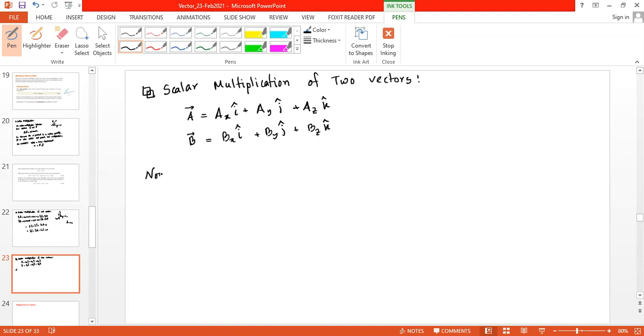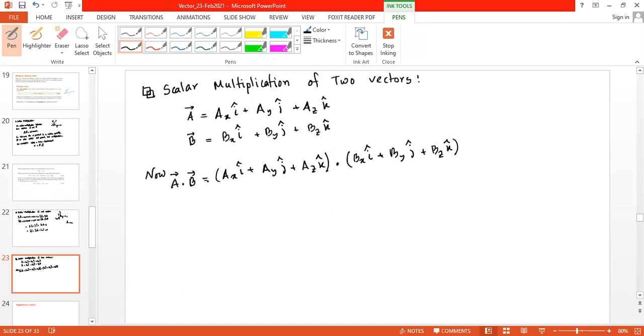Now A dot B is basically equal to this one dot this one. So (Ax i plus Ay j plus Az k) dot product (Bx i plus By j plus Bz k). So I want to make this product.